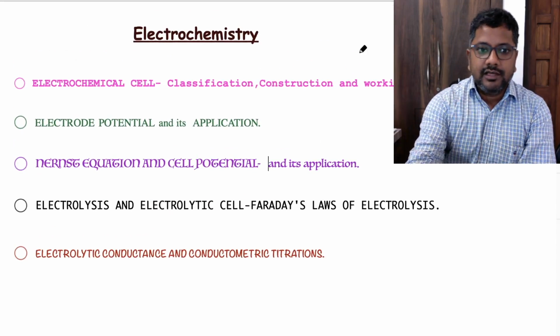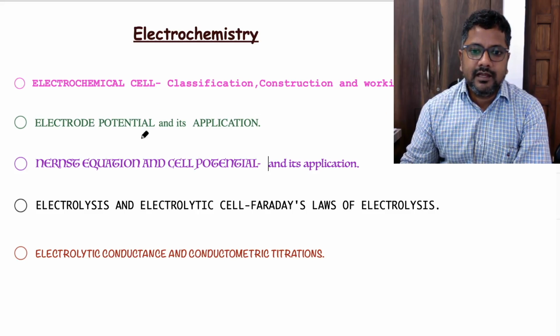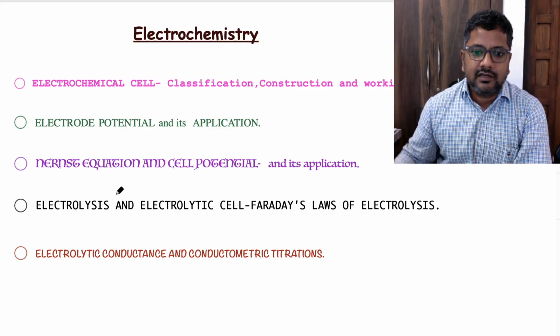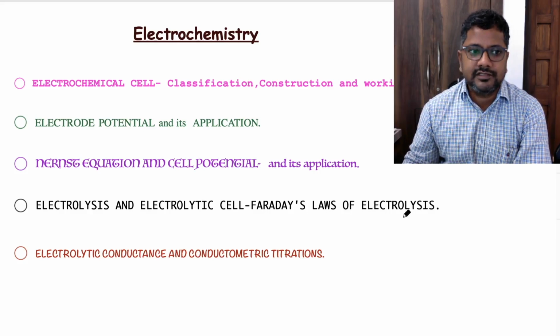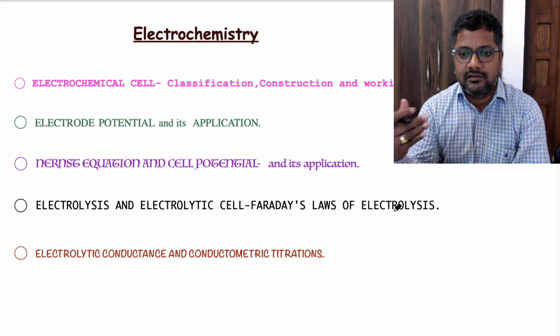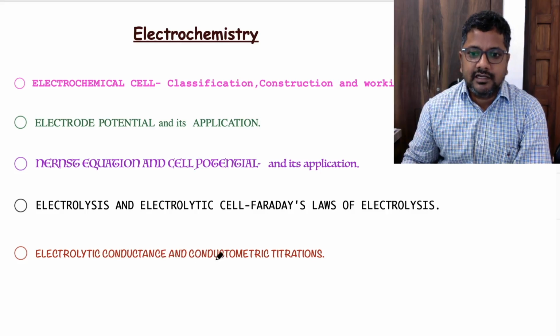The major parts of this chapter are the electrochemical cell, its classification, construction, and working. We have to study electrode potential and its application, the Nernst equation and cell potential and its application, electrolysis and the electrolytic cell, Faraday's laws of electrolysis (there are two Faraday laws), and electrolytic conductance and conductometric titration.